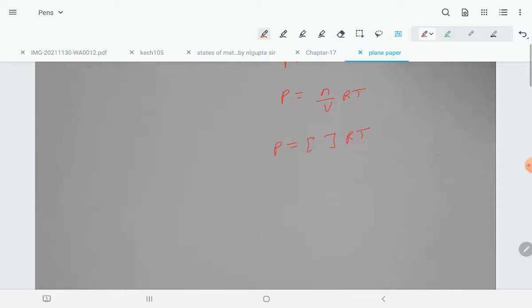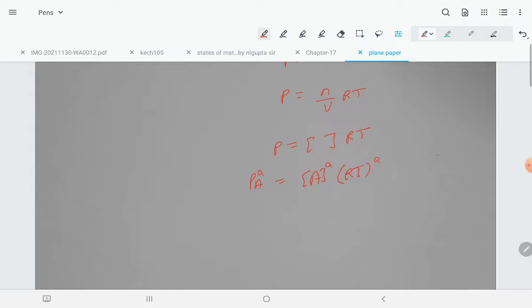So when you are writing PA, with power a, how can we write it? In the bracket you write [A], and RT power a.